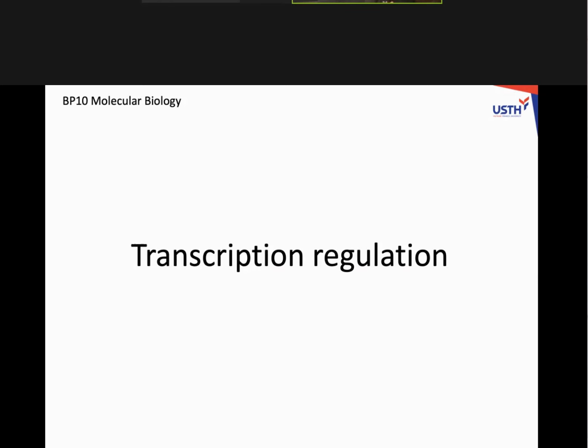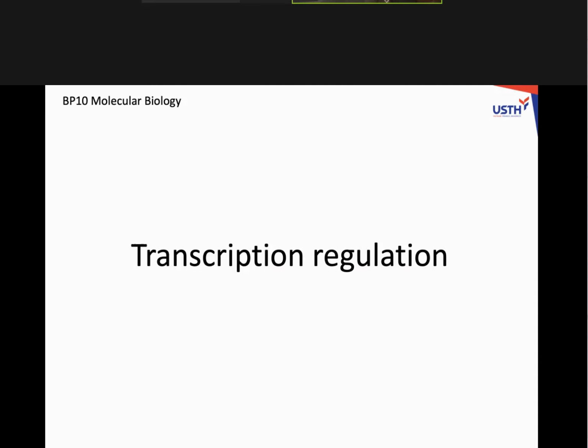RNA polymerase 2, you know it very well, is the only polymerase that is implicated in the transcription of messenger RNA that are going to code for proteins. So most of the time, let's say 99%, all the papers that you are going to read, all the gene expression analysis that you are going to find, they are talking about RNA polymerase 2 transcriptional regulation.